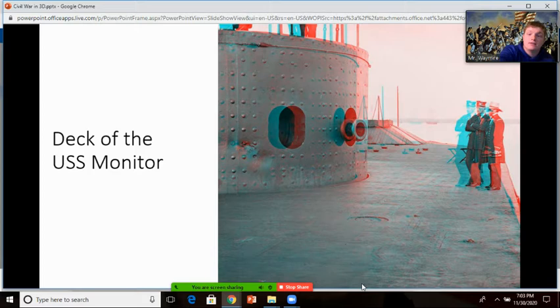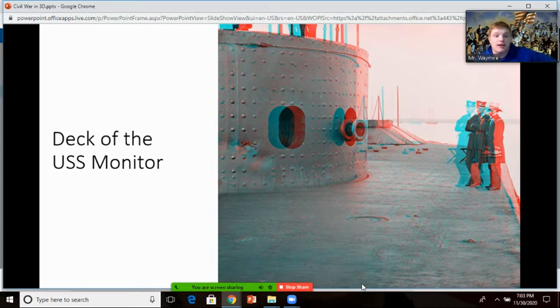So you see that this ship has a turret. There are men standing on the deck, which gives you a good indication of how big these ships were, even for this time, the 1860s. I mean, these cannons have to be able to shoot very far to hit another ship near them.